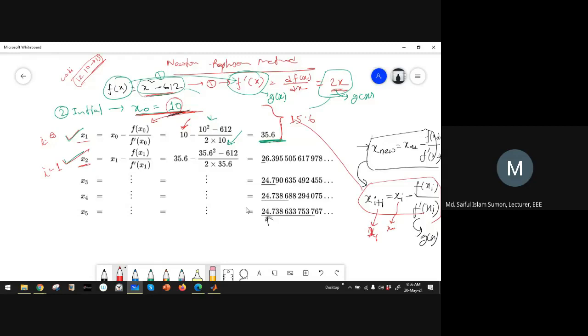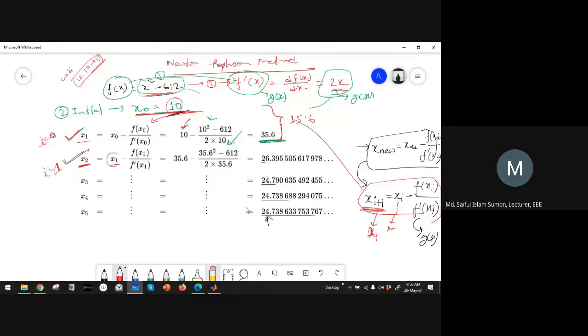In this example i is 0, that's why i plus 1 is 1. For this iteration i is 1, so i plus 1 is 2: x2 is equal to x1 minus f(x1) divided by f prime of x1.